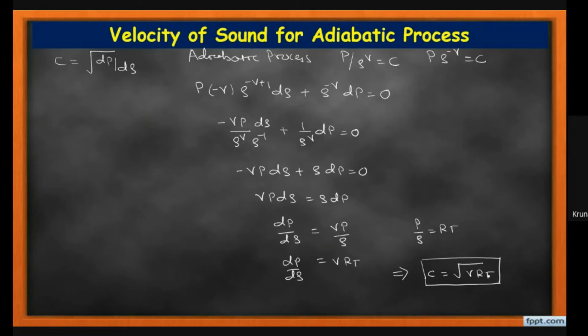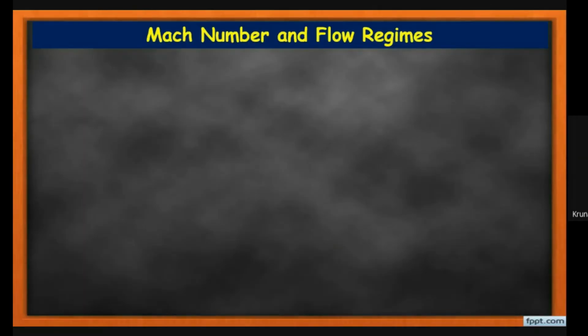Now, after discussing all three cases of velocity of sound, we are going to define the Mach number and different flow regimes for compressible flow. First of all, we define the Mach number. Mach number is indicated by M, which equals the square root of inertia force upon elastic force.